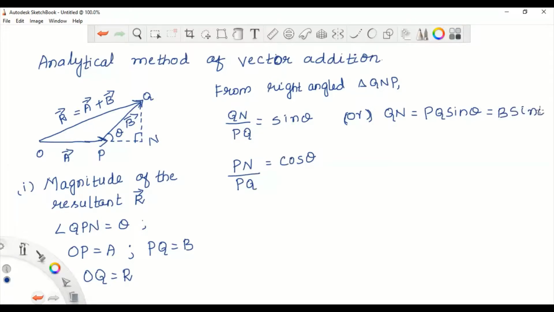Yes. And similarly here PN is equal to again PQ cos theta. So what do you have? PN will become B cos theta.